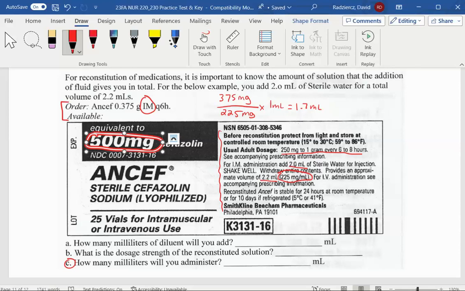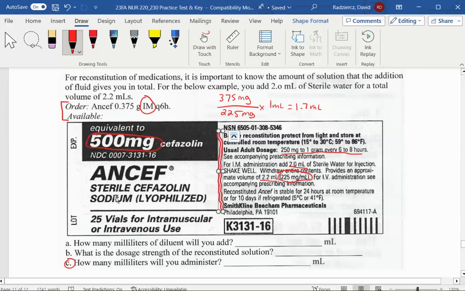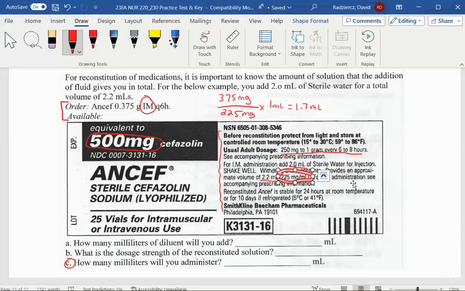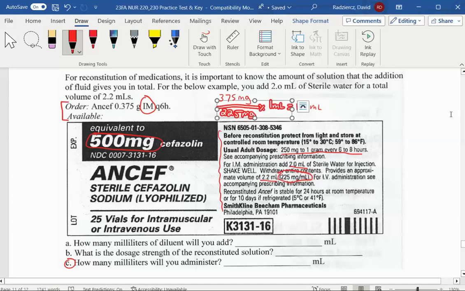That tells you this is one of those labels where you need to look at the side. In the directions, it tells you how to mix by adding water. You don't need to worry about the process. Really, all you are looking for is that the strength after water has been added becomes 225 milligrams per milliliter. That's the number you're going to use when you do your calculation.